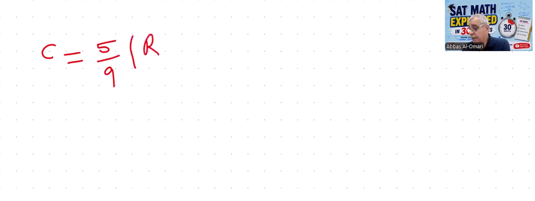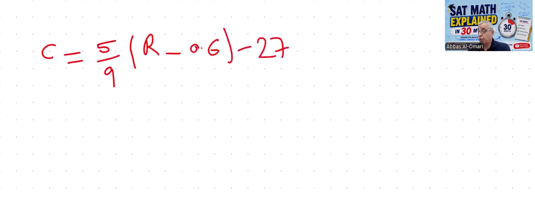Today I will solve several math problems as usual. So we'll start with problem number 1. We have a relationship between temperatures in Celsius and Rankine. This relationship is given by C, which is temperature in Celsius, C equals 5/9 by R, which is Rankine, minus 0.6 minus 273.